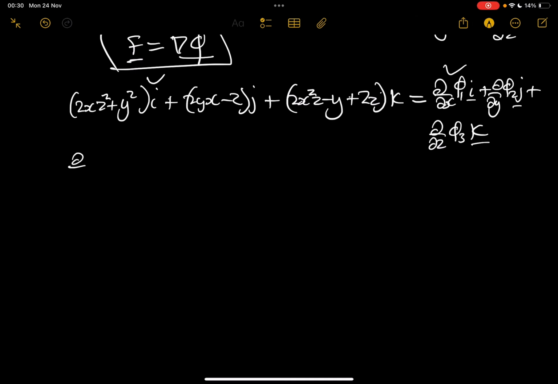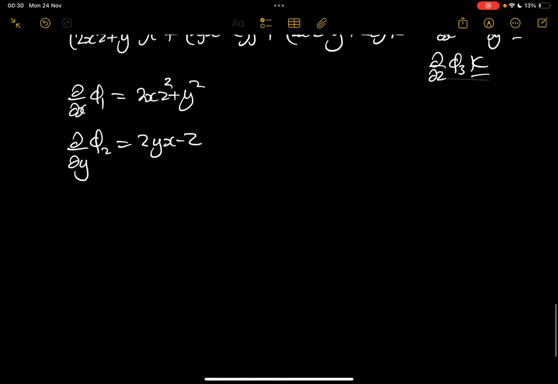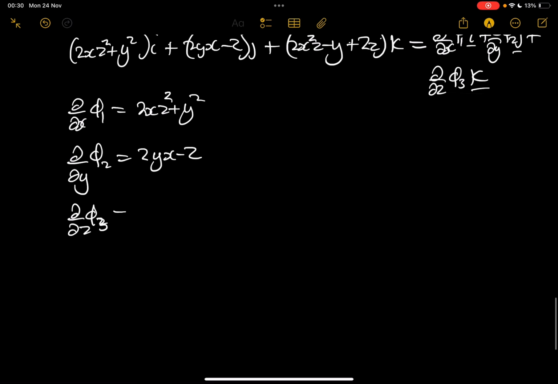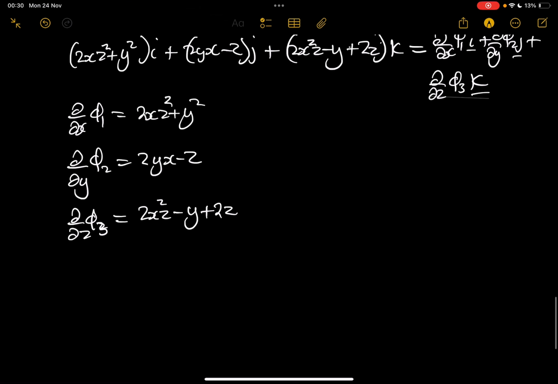Which means del x phi 1 is equal to 2xz squared plus y squared, and del y phi 2 is equal to 2yx minus z, and del z phi 3 is going to be 2x squared z minus y plus 2z.